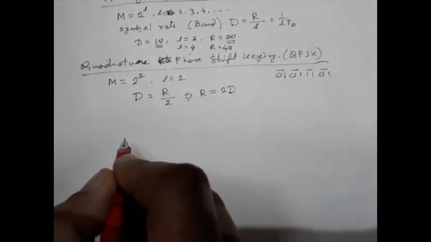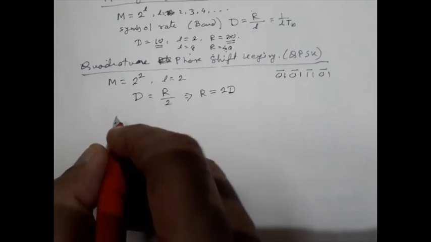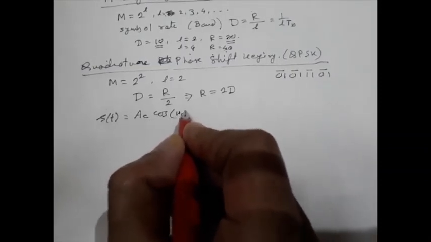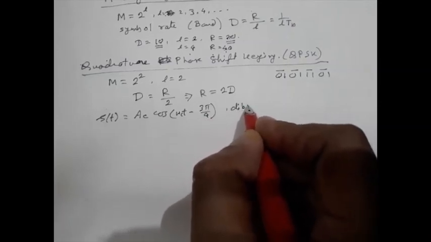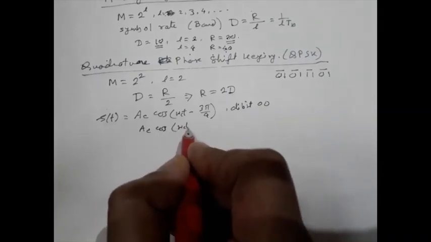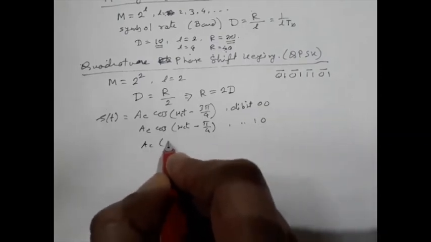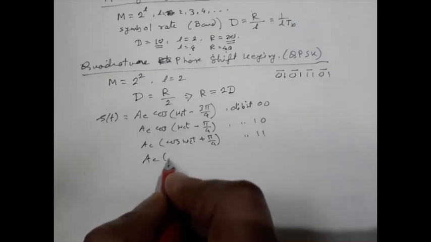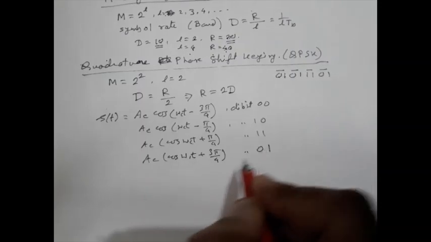So we can represent the 4 possible dibits by transmitting a sinusoidal carrier with one of the 4 possible values, like A_c cos(ω_c t), where ω_c is the carrier, minus 3π/4 for dibit 0 0, A_c cos(ω_c t) minus π/4 for dibit 1 0, A_c cos(ω_c t) plus π/4 for dibit 1 1, and A_c cos(ω_c t) plus 3π/4 for dibit 0 1, something like this.